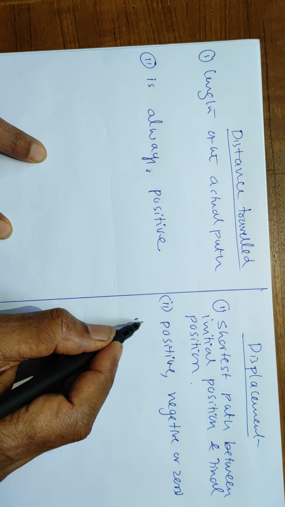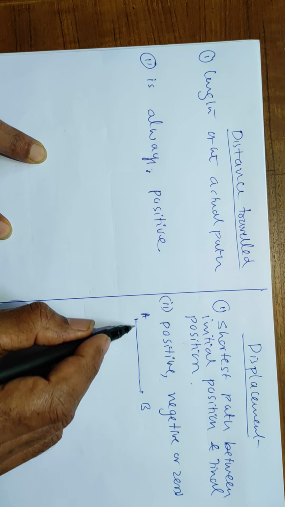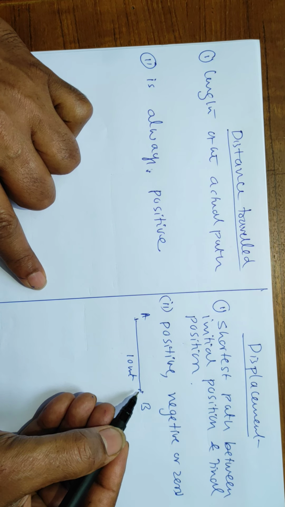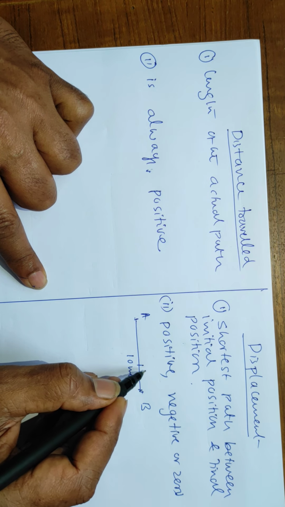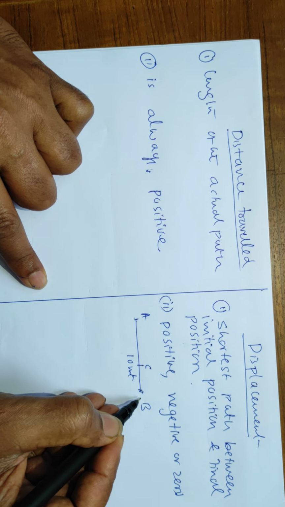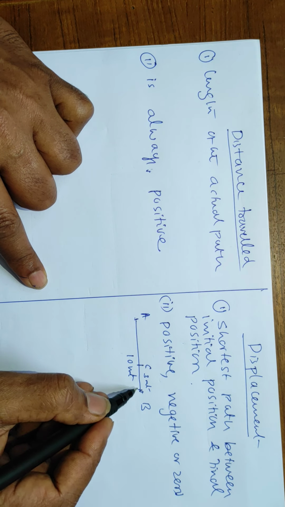Consider an object starts from A and reaches B. It covers a distance of 10 meters. From B, it reaches C along the same path but in opposite direction and covers a distance of 3 meters.